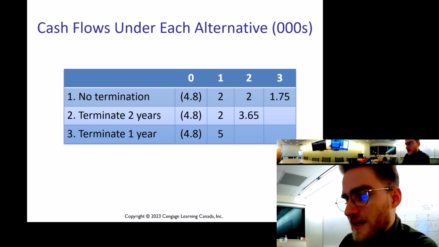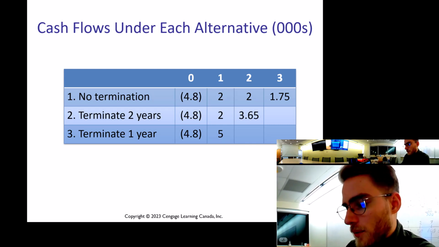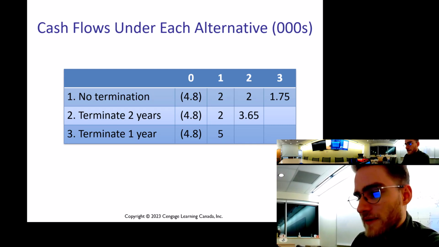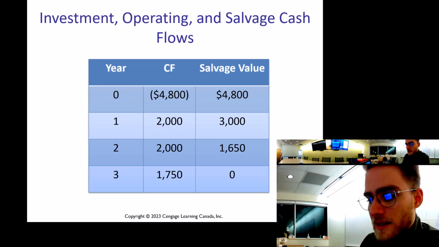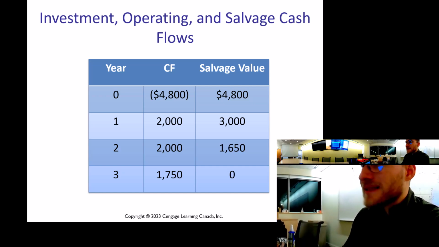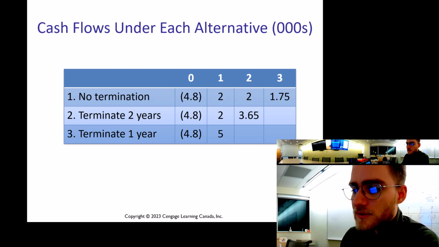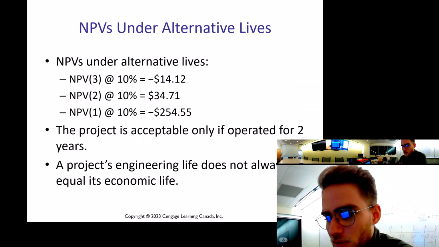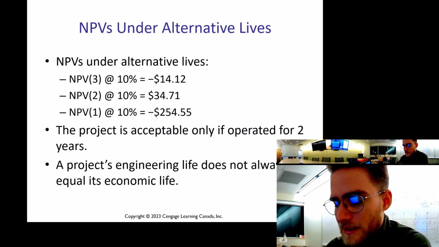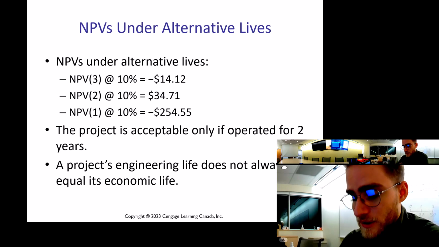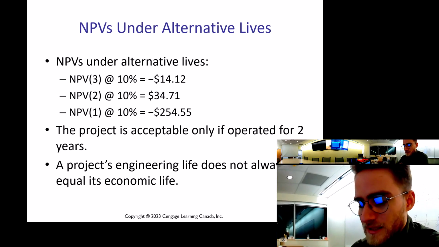But if I terminate in year 1, I would basically pay 4,800 today, and I would get $5,000 as inflows in year 1 and be done, right? That is the 2,000 cash flow that I make, plus salvaging the equipment for $3,000. What's the best option? Well, if I go to the full 3 years, the project basically loses value to the firm to the tune of about 14 bucks.